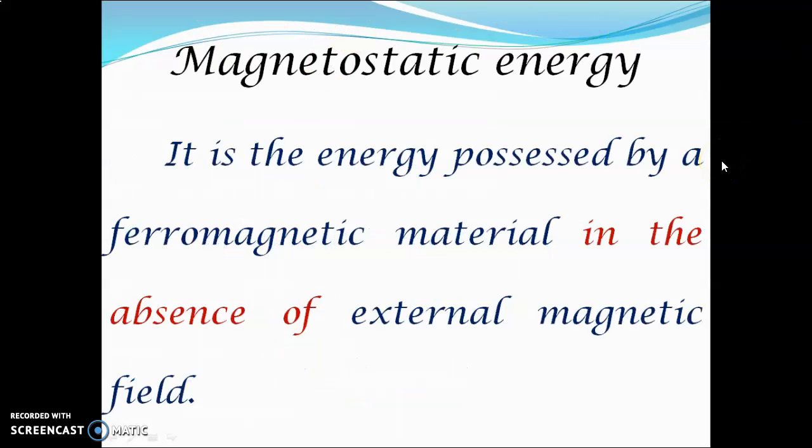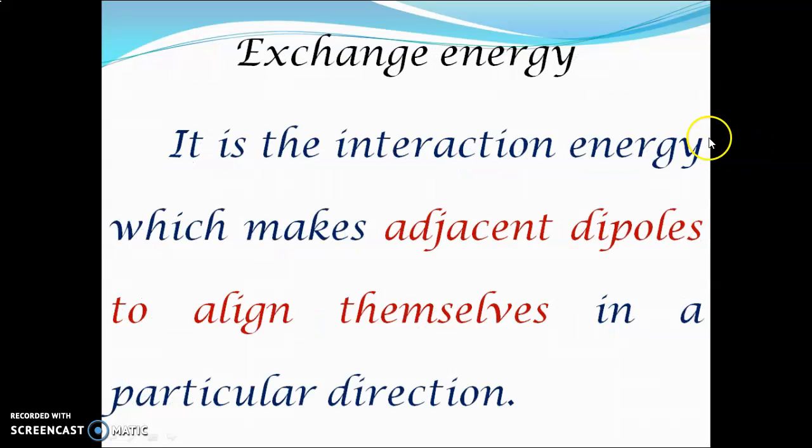The magnetostatic energy is the energy possessed by the ferromagnetic material in the absence of an external magnetic field. So when there is no external energy, it will possess some energy, that is called magnetostatic energy. Exchange energy is when adjacent dipoles align themselves in a particular direction.